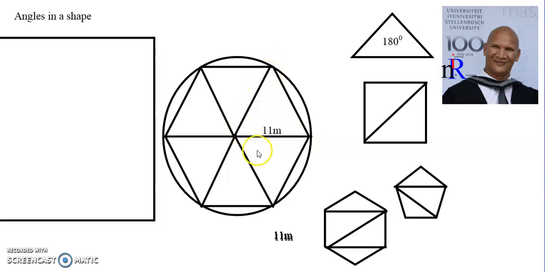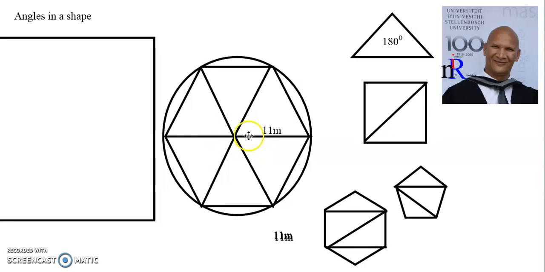And when I work with a hexagon and I divide these angles, I find that there are 6 equal angles around the center. So this angle, this angle, this angle, this angle, and that angle are all the same size. 360 divided by 6 gives me 60 degrees per angle.